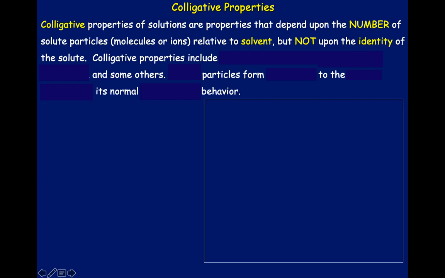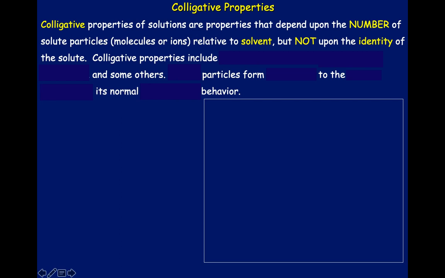So you really want to take a look at the total number of particles at the end. Again, we talked about non-electrolytes breaking into one particle per mole and electrolytes breaking into more particles, but it's the end result, the number of particles, that we're interested in.